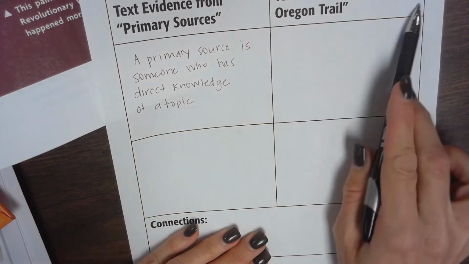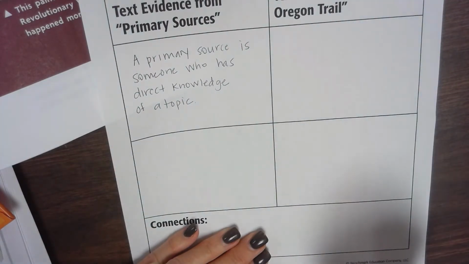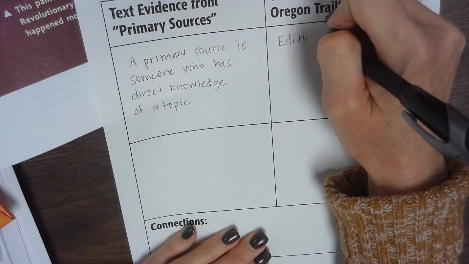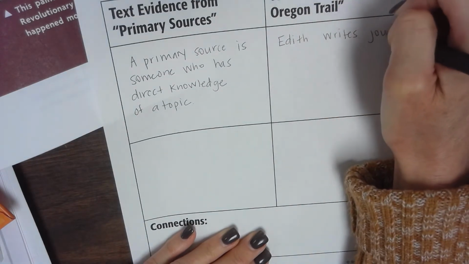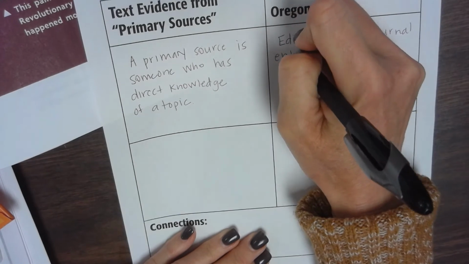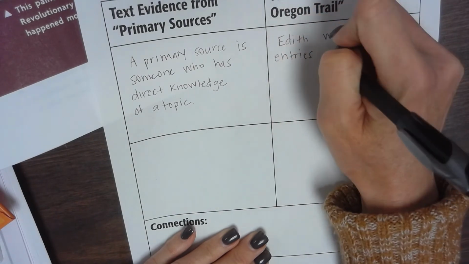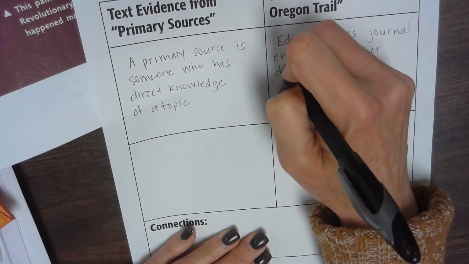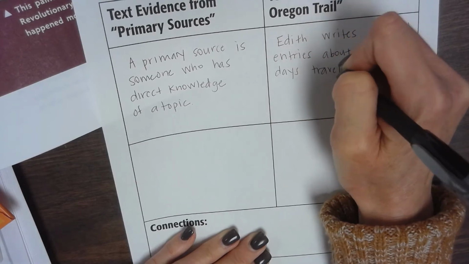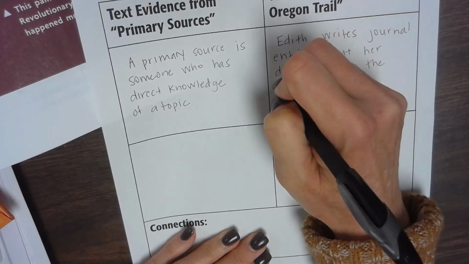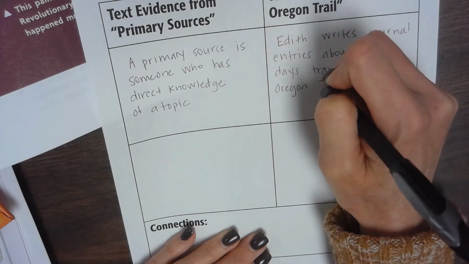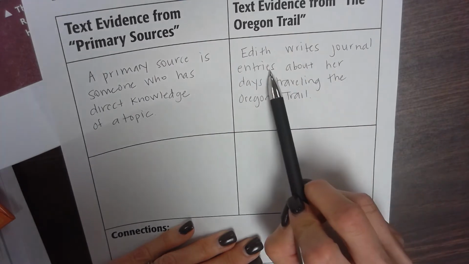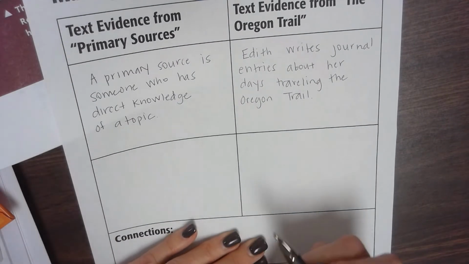What I know about our story, the Oregon Trail, is that Edith was writing journal entries. Okay, so what I wrote in this box was that Edith writes journal entries about her days traveling the Oregon Trail.